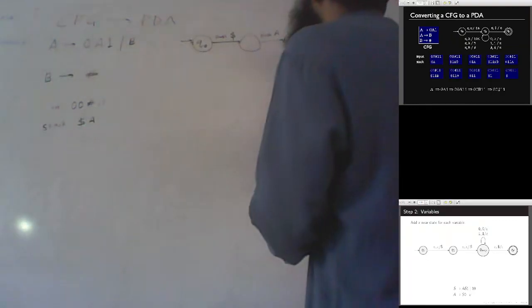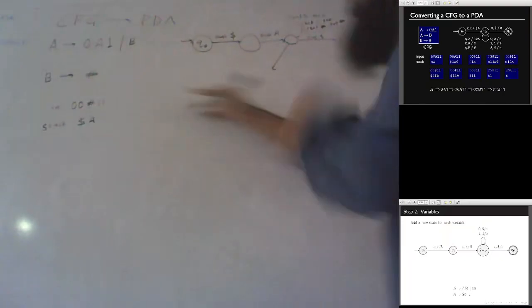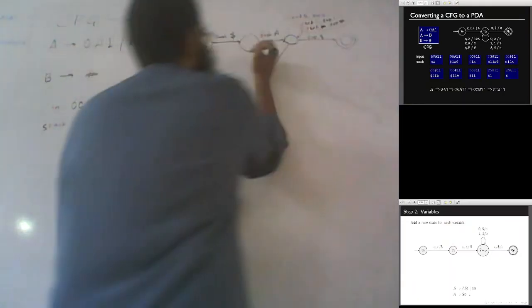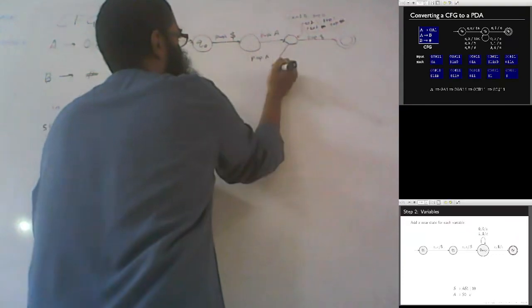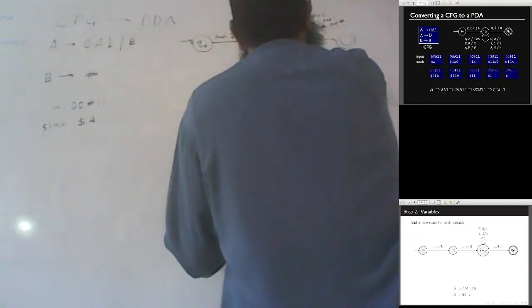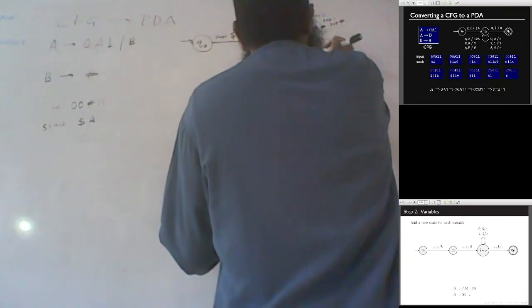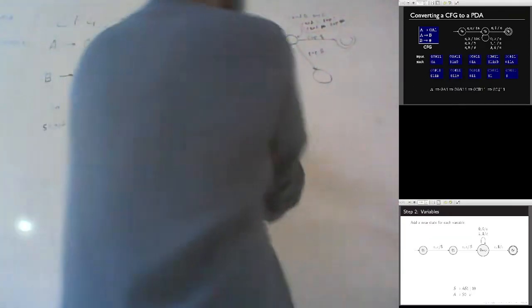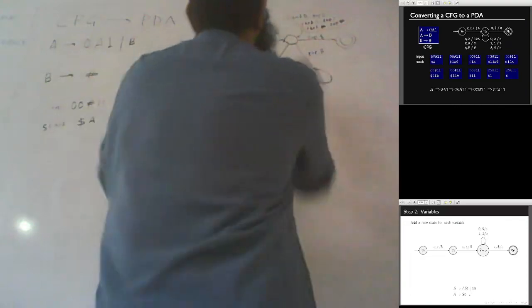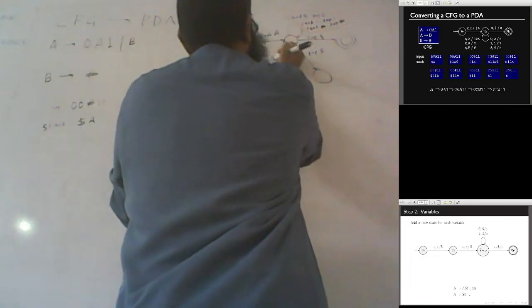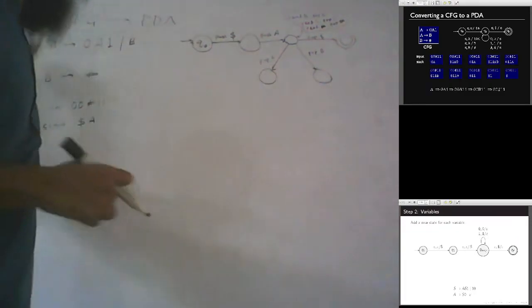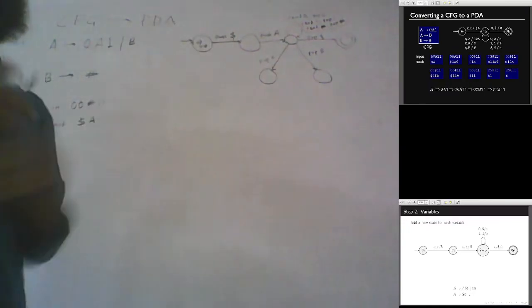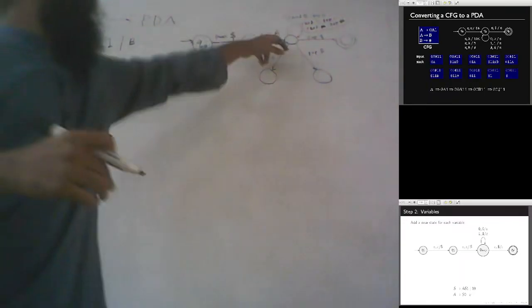So here we have 2 variables, A and B. We will have a state that pops A, and a state that pops B. For each variable, you make a new state to pop that variable, because in case you find that variable in your stack, you should remove it.